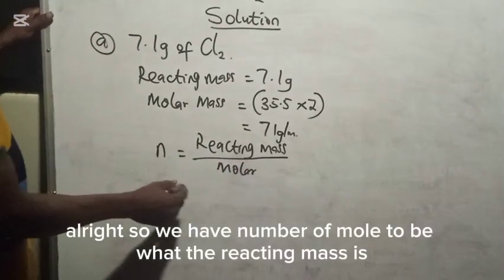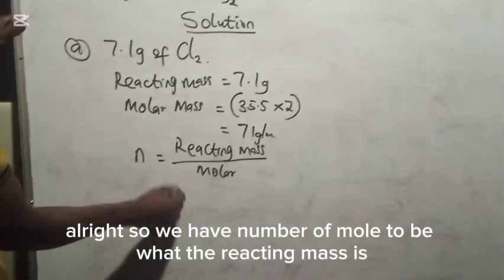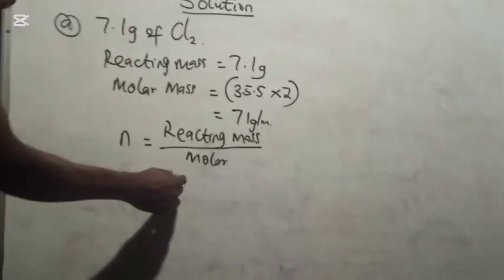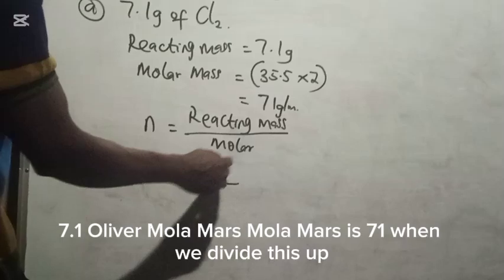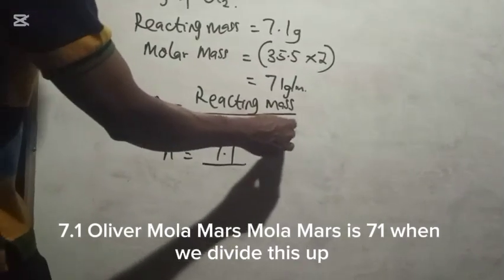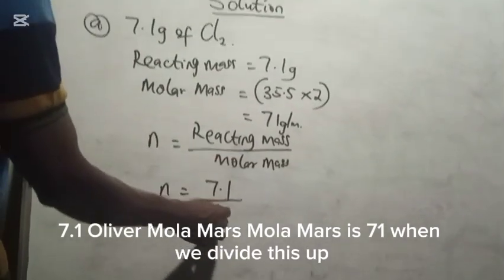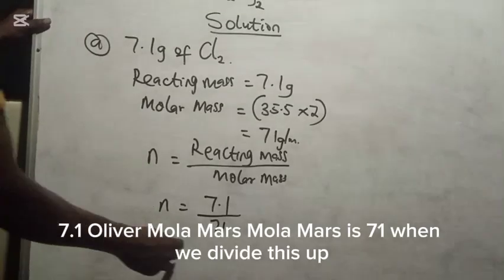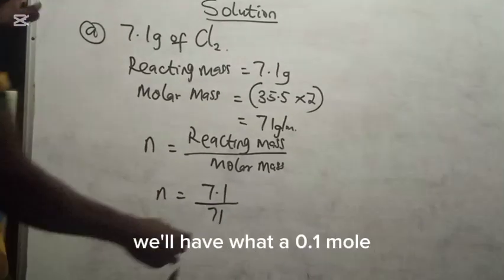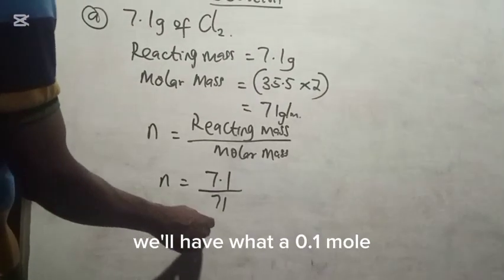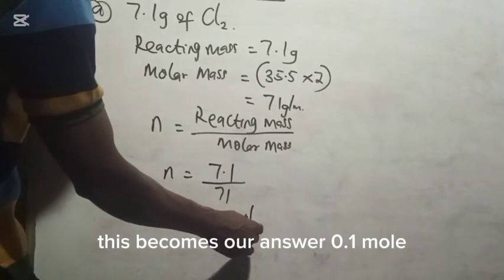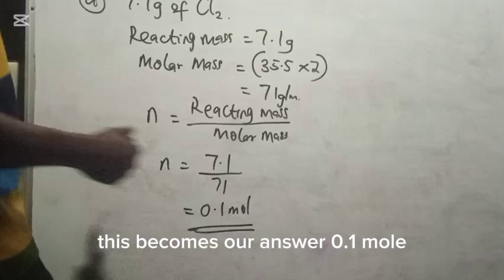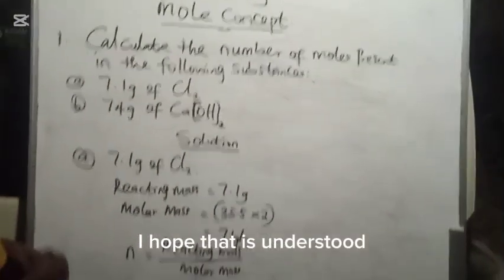So we have number of mole equal to reacting mass, 7.1, all over molar mass, 71. When we divide this up, we have 0.1 mole. This becomes our answer: 0.1 mole. I hope that is understood.